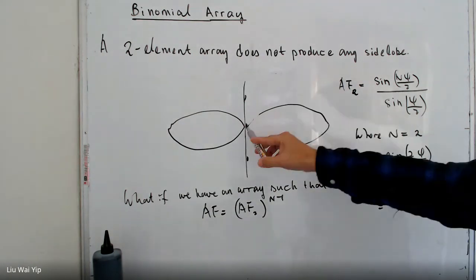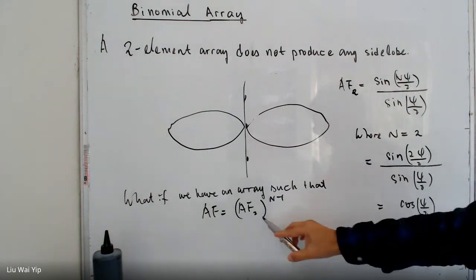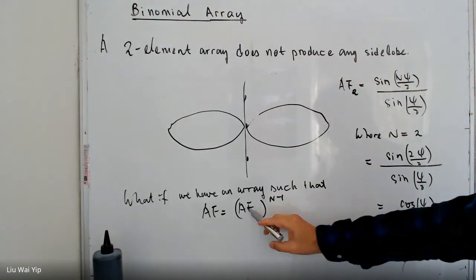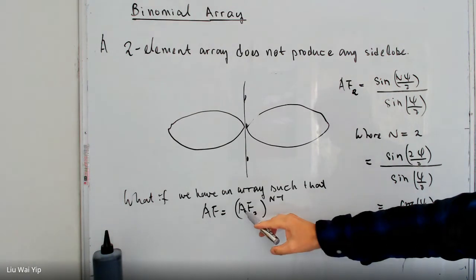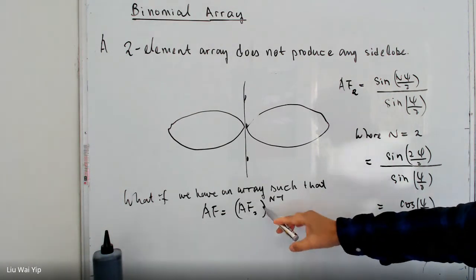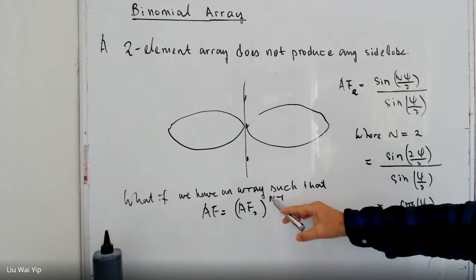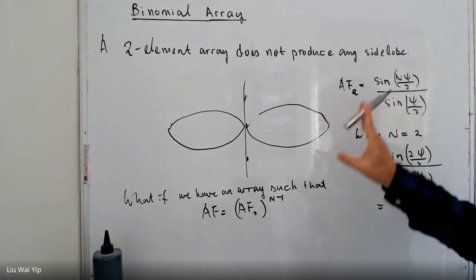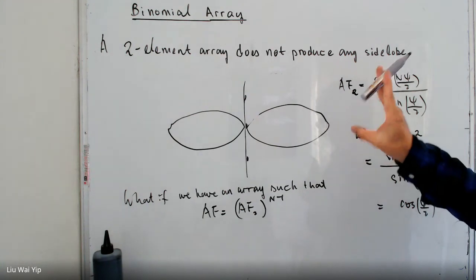If this one doesn't produce any side lobe, then the radiation pattern self-multiplied with each other by n minus 1 times shouldn't produce any side lobe at all.